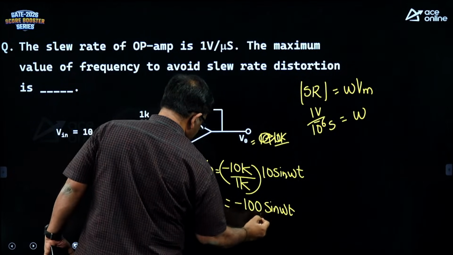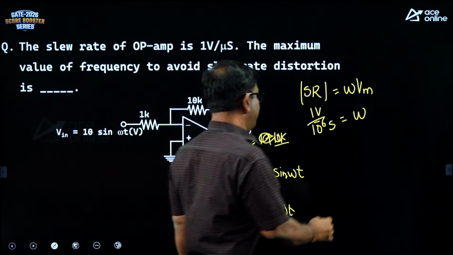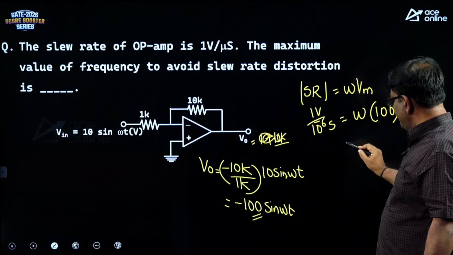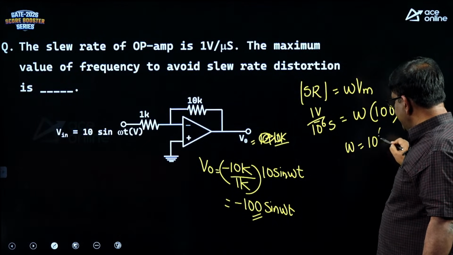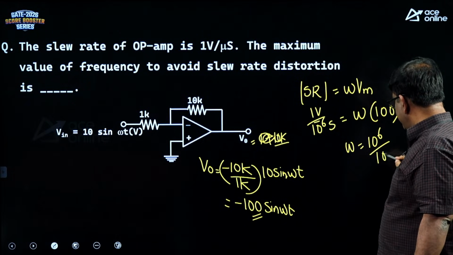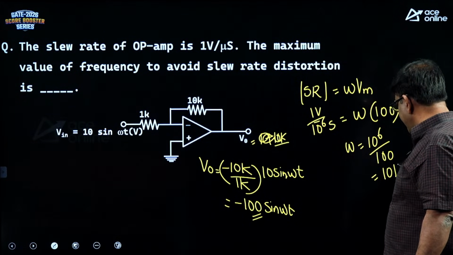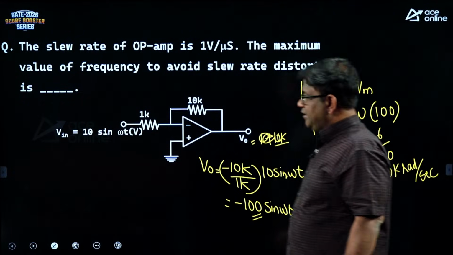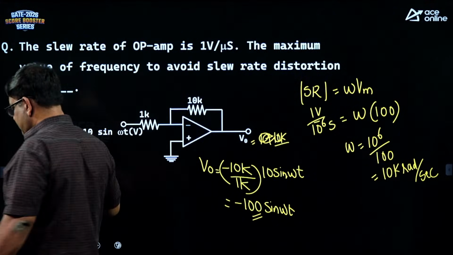So, 100 is the peak value. Let me substitute here 100. Now what is omega? Omega is going to be 10 power 6 by 100. It is 10K radians per second.